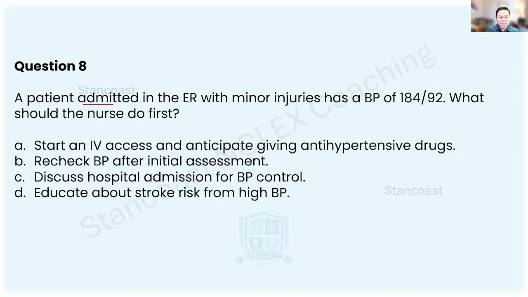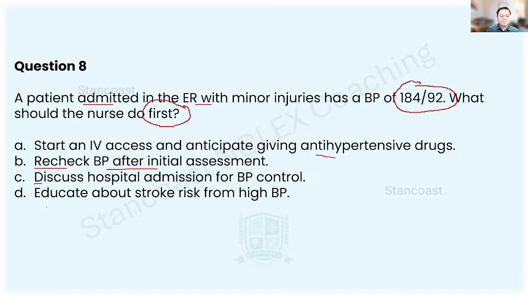A, start an IV access and anticipate giving antihypertensive drugs? Or B, recheck blood pressure after initial assessment? Or C, discuss hospital admission for blood pressure control? Or D, educate about stroke risk from higher blood pressure?